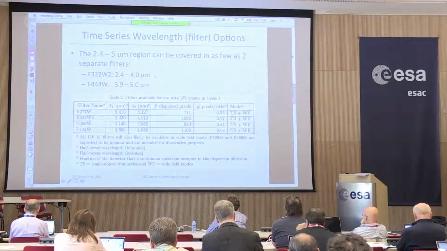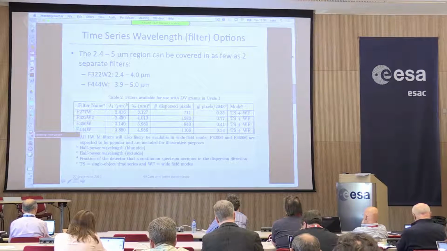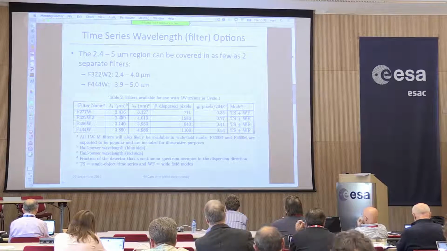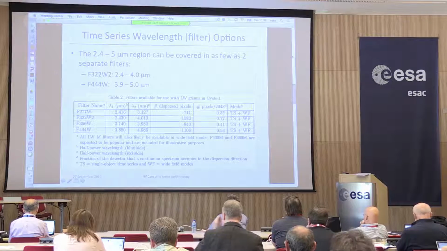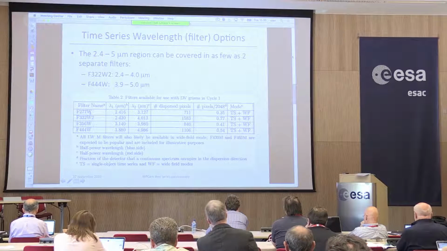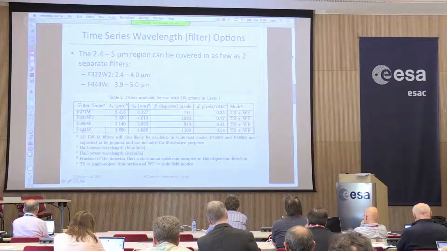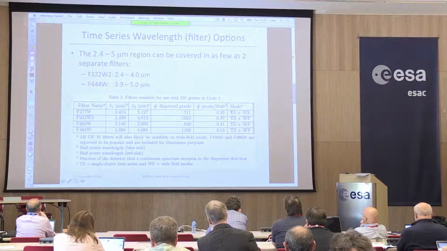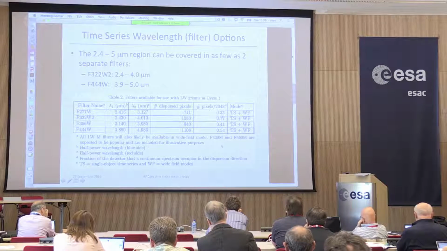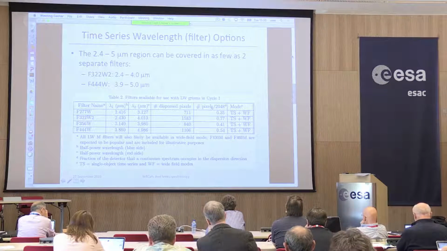Then this table shows the filters that are allowed in this single object time series mode. We've got 4 here of different widths. I think I showed 3 of them on the previous plot. This fifth column shows the fractional length they take up on the detector.